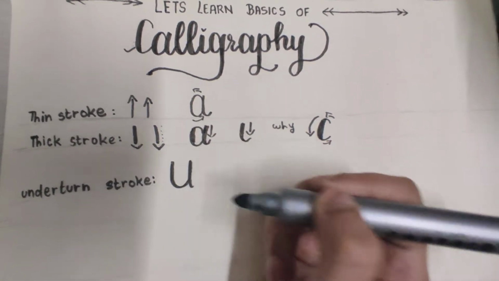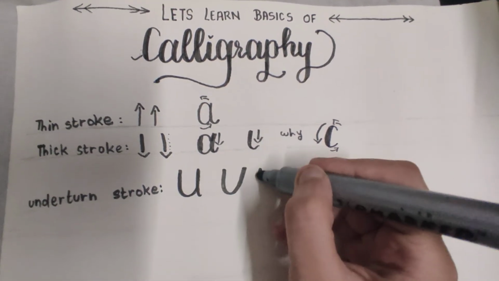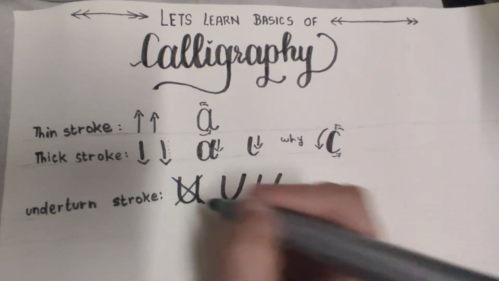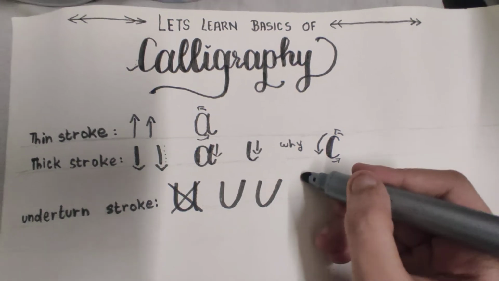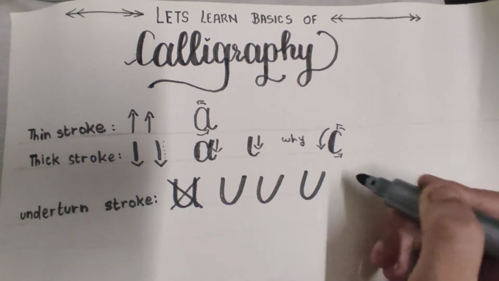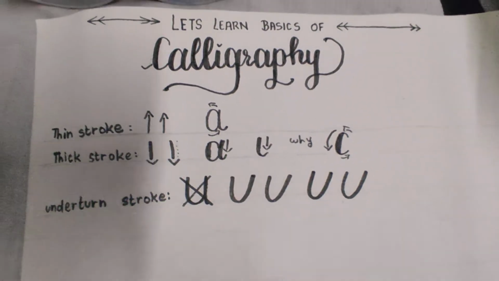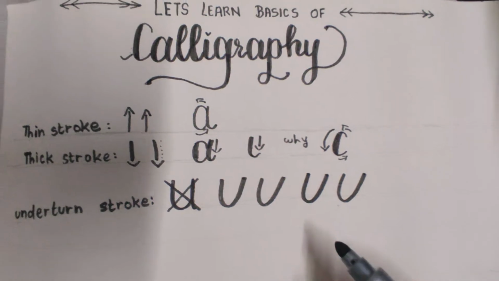We make it like this. And always remember that this is not the right way of making an underturn stroke. The right way is making it in a slanting way. Whenever you teach someone the underturn stroke, you always make them like this.